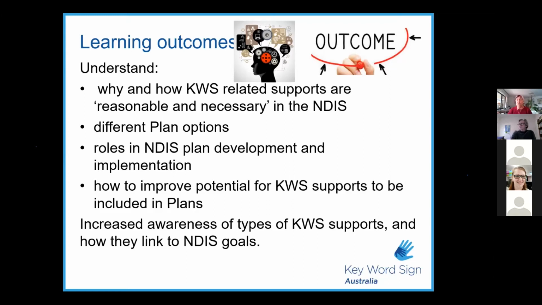About the different roles, as I mentioned, who's who in the zoo, and who you need to be communicating with, and who you can bring on board to help you to get the support that you need in your plan, and trying to improve the potential for those supports to be included. And giving you an understanding of the supports that might be available and how you can make that link to your NDIS goals.